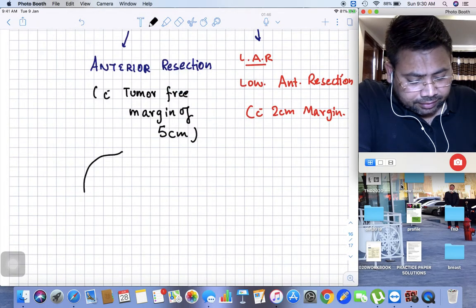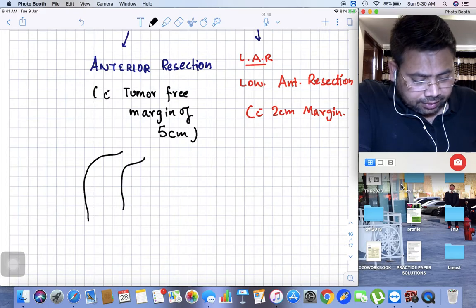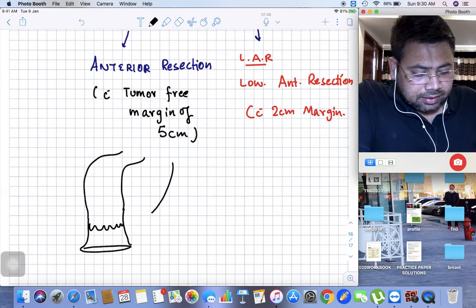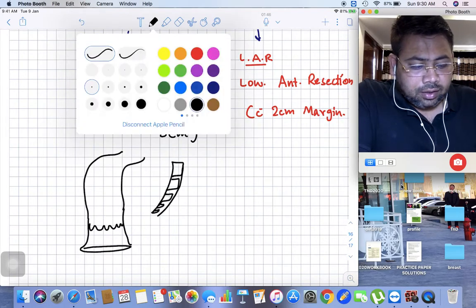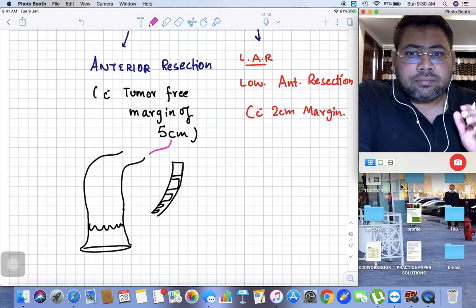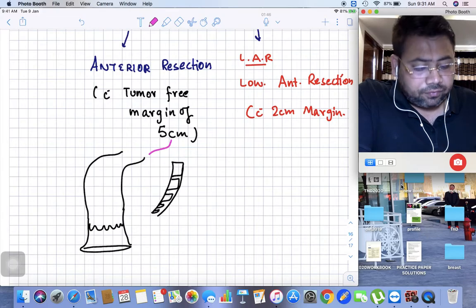Now this is the rectum, and this is the anal verge. Here you have the dentate line. This is the sacrum. There is a fascial covering coming from the abdomen, known as the endopelvic fascia.